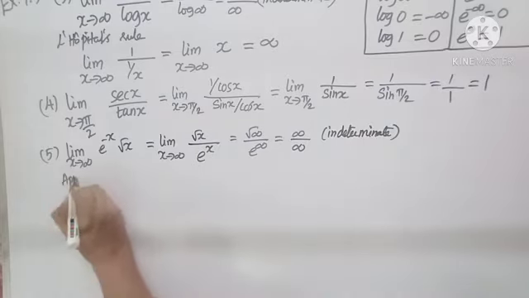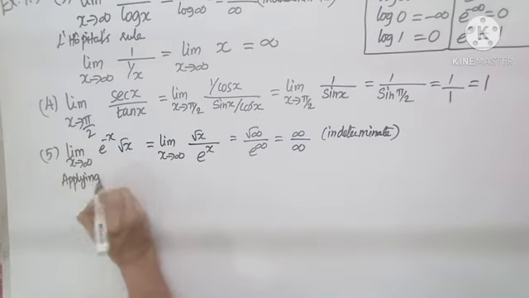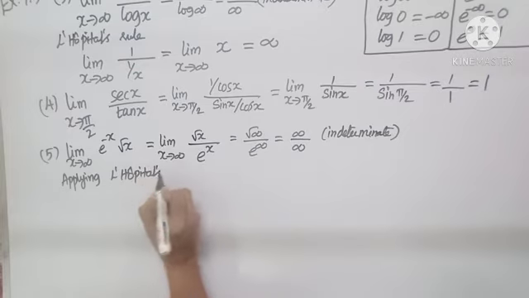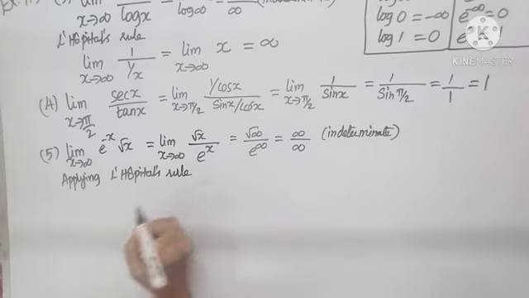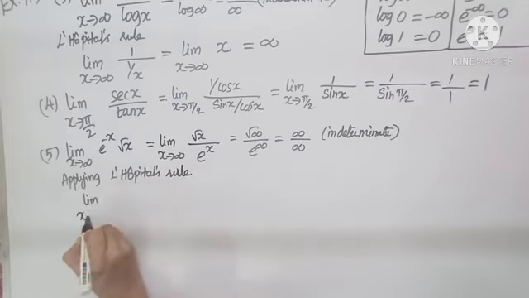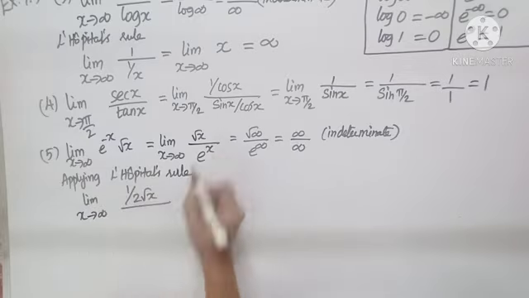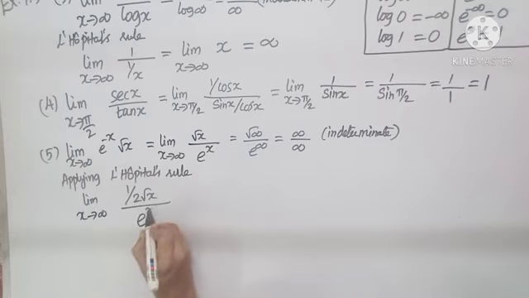Applying L'Hopital's rule, differentiate the numerator and the denominator separately. Root x, what is the derivative? Root x will become 1 by 2 root x. E power x will become e power x.